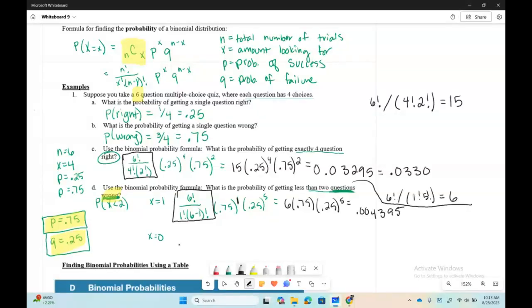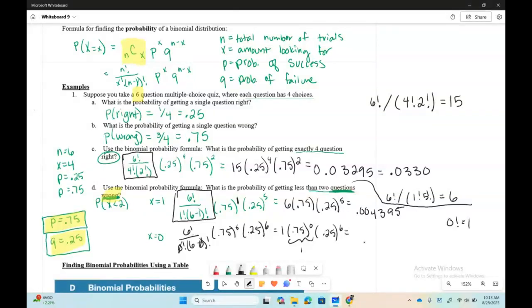For x equals 0, now we have 6 factorial over 0 factorial, 6 minus 0 factorial, 0.75 to the 0, and 0.25 to the 6. 0 factorial equals 1, so this becomes 6 factorial over 6 factorial, which is 1, times 0.75 to the power of 0, which is also 1, and then 0.25 to the 6th power.